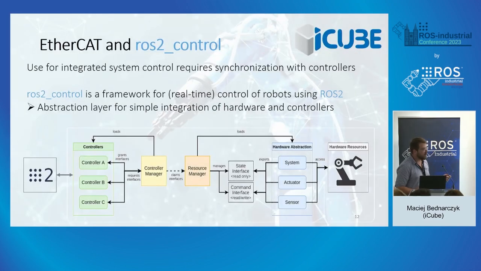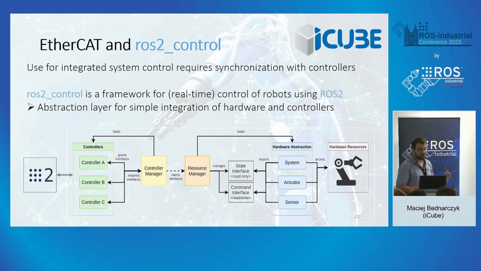And finally, when we are using this kind of system, we want not only to be able to communicate with our drive or our component in a deterministic way, but we also want some guarantees in terms of synchronization with controllers. In this case, we were very interested in ROS control, because it is a framework that allows us not only to abstract different hardware, but also to have controllers attached to that hardware that have guarantees, for example, in real-time control, and especially the step-by-step execution of the different components on our system.